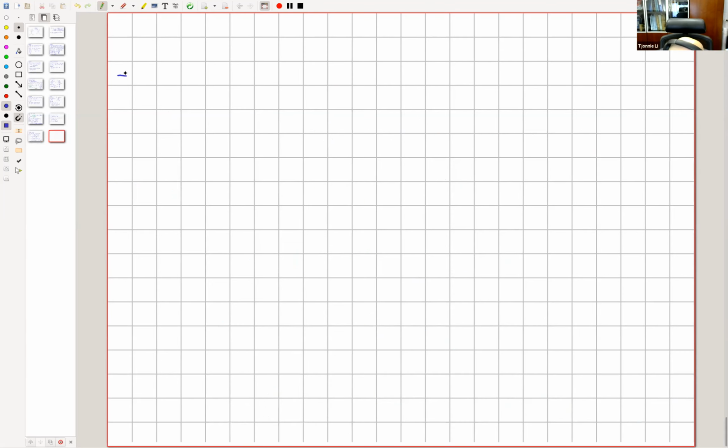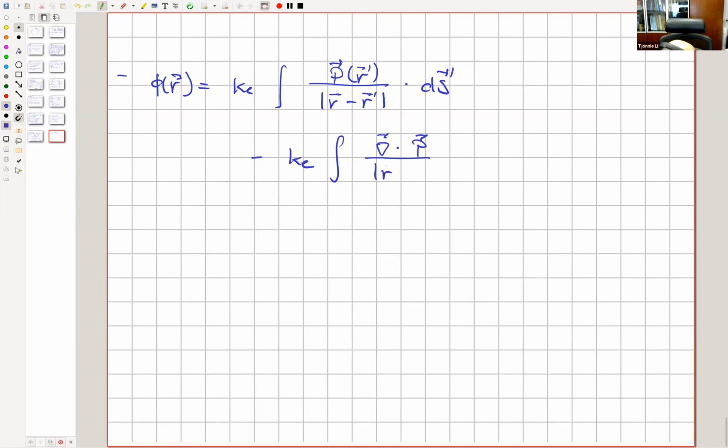What I end up with is that phi as a function of r equals ke times the integral of P(r') divided by |r minus r'| dotted with dS', minus ke times the integral of the divergence of P(r') over |r minus r'| dV'.